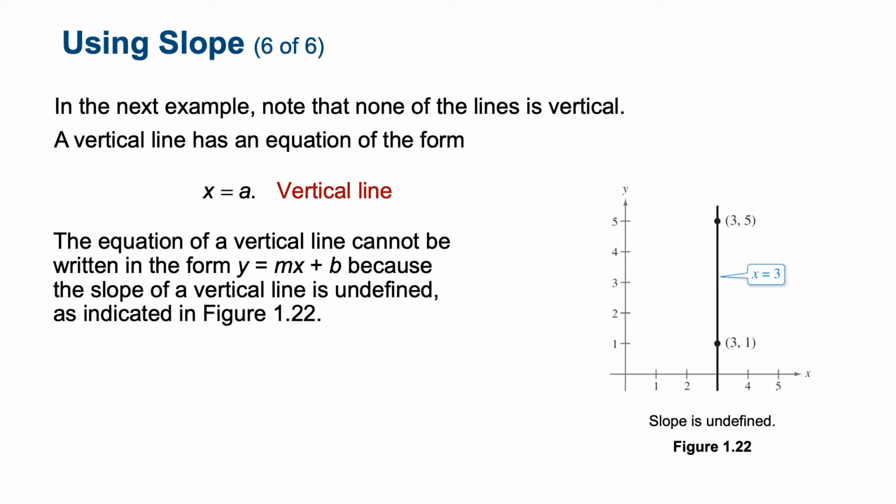The vertical line is an exception because the slope of this line is undefined because you have 0 run. So if you think of it as rise over run, anything divided by 0 is undefined. So we cannot write the equation of a vertical line in the form y equal mx plus b because the slope is undefined. So the vertical line has equation x equals some number, whatever it is. So like in this case, x equals 3.